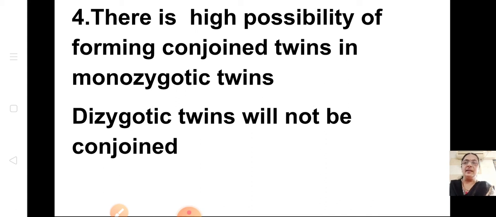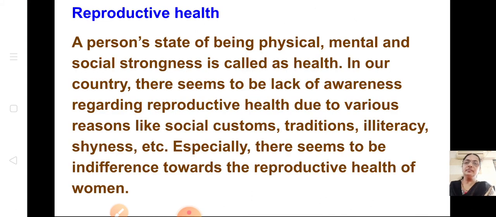Okay children, now the next one we learned was reproductive health. A person's state of being physically, mentally and socially strong is called health. In our country there seems to be a lack of awareness regarding reproductive health due to various reasons like social customs, traditions, illiteracy, shyness, etc. Especially there seems to be indifference towards the reproductive health of women.